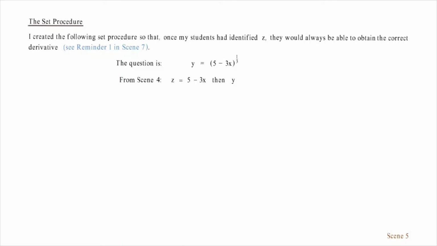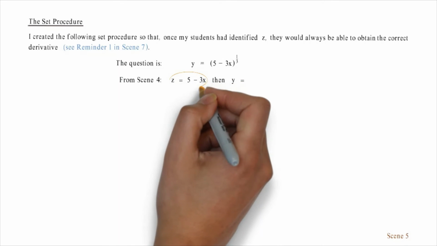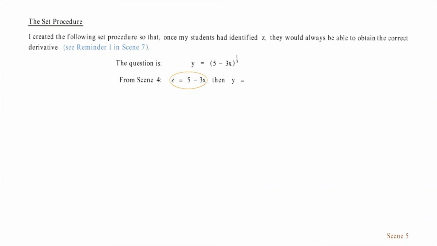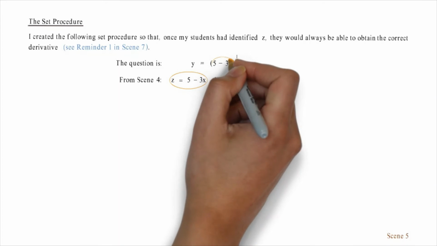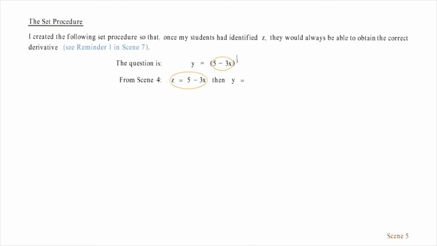Then y equals, since z equals 5 minus 3x, (5 minus 3x) to the 1/3 becomes z to the 1/3.